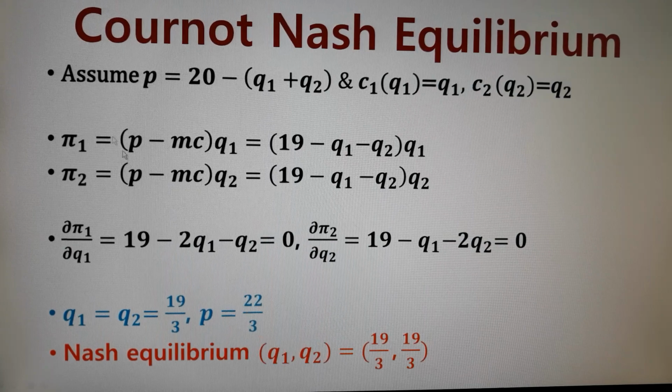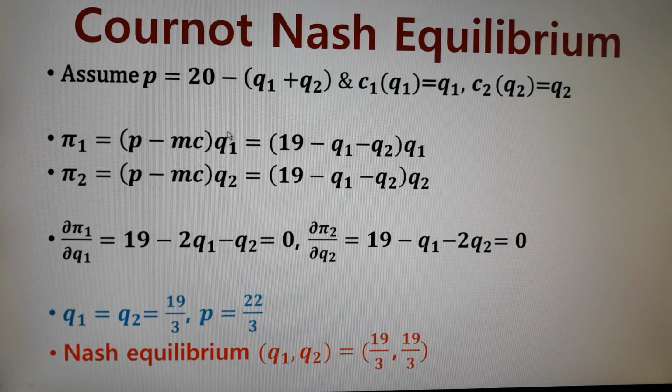The profit of the first company would be (P minus marginal cost, which is 1) multiplied by Q1. Whenever you sell one product, you receive price P from the consumer, but the marginal cost 1 is the cost.